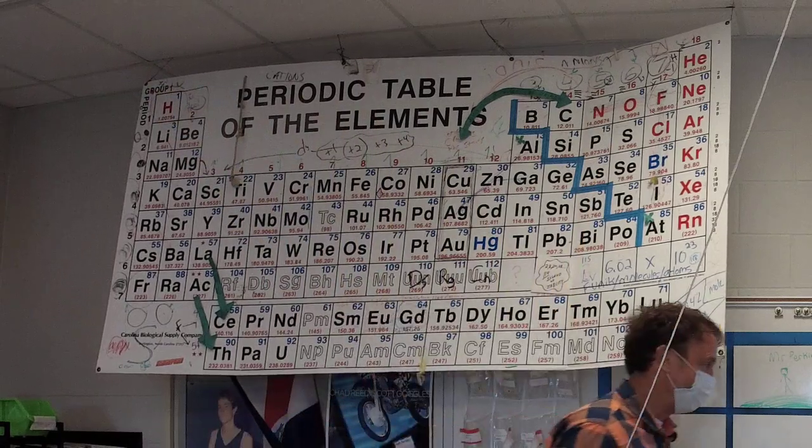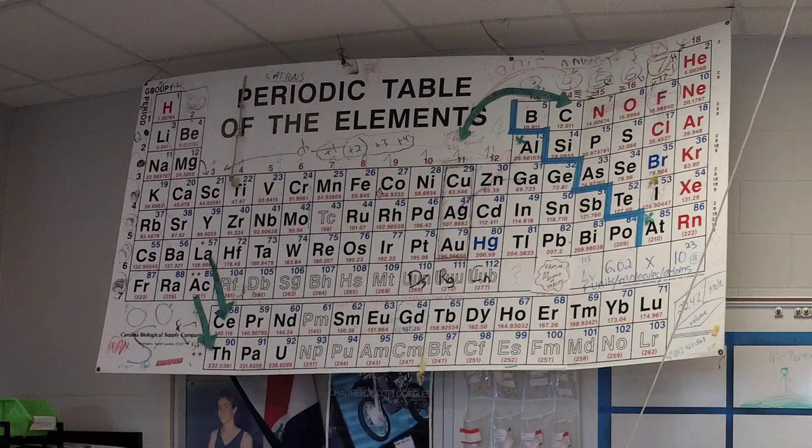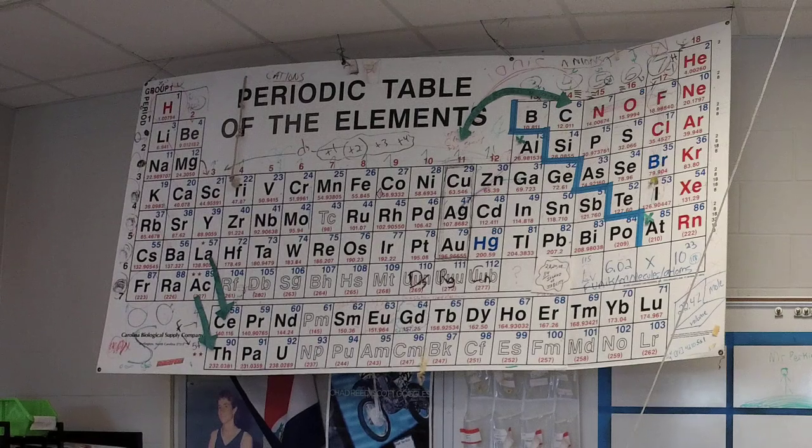So let me show you an ionic bond happening. All right? Here is lithium. It's chilling out, doing nothing on a Saturday. It's neutral. And here is fluorine, 1, 2, 3, 4, 5, 6, 7. Fluorine is very electronegative.